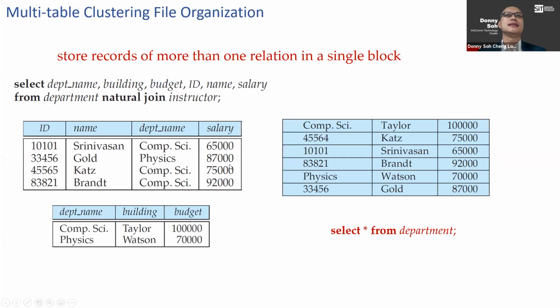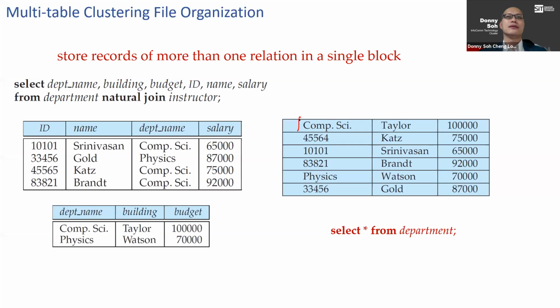This is the multi-table clustering file organization. What this means is that it will store records of more than one relation in a single file. In this scenario, what we see is that this is storing records from both tables: computer science, Taylor, and 100,000, and then physics, Watson.